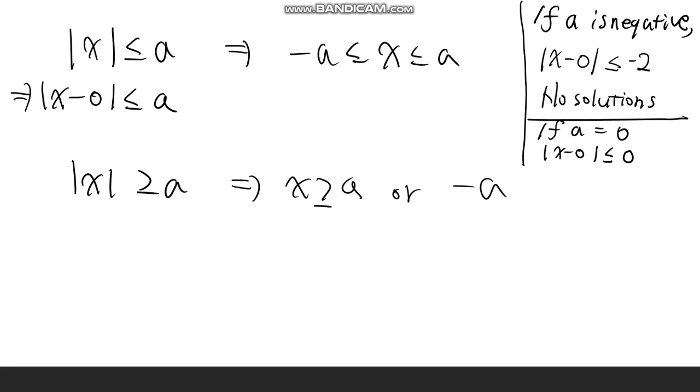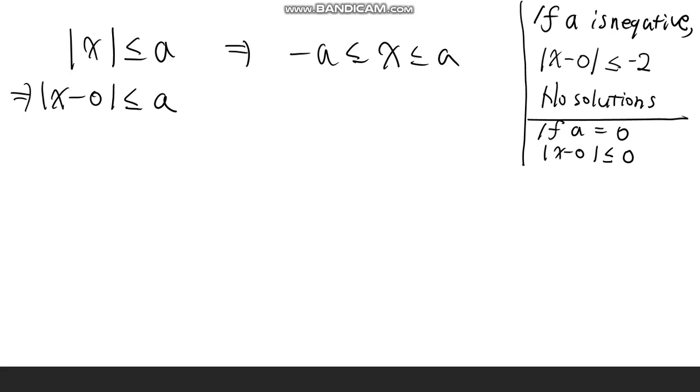Then what that means is, okay, I need to make another slide to explain this. If a is 0, then the distance between x and 0 is less than or equal to 0. So this is less than or equal to.